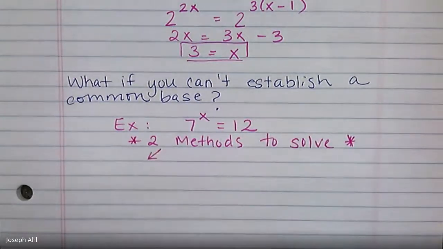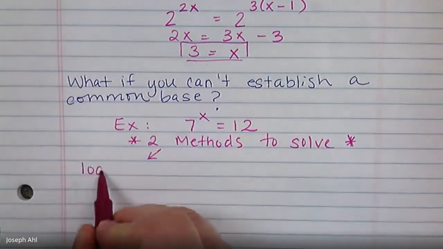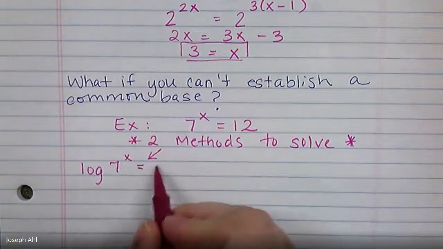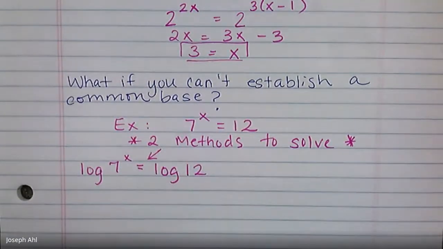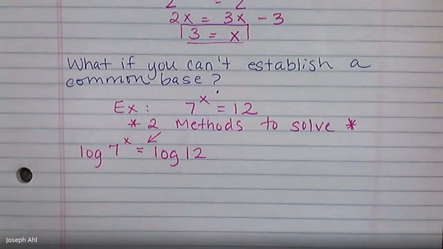In method 1, I'm going to take the log of both sides. So I'm going to take log of 7 to the x and then log of 12. Log is a function, right? So it's an operation. It's kind of like taking the square root of both sides. We're going to take the log of both sides. Why does that really help me?